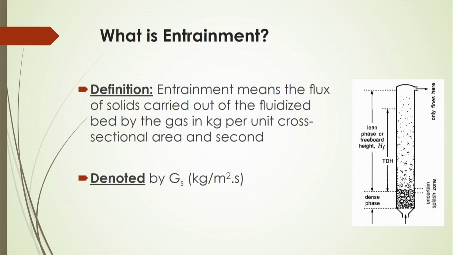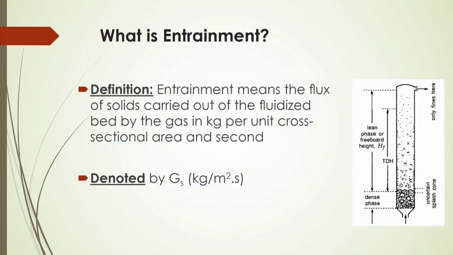As a definition, entrainment means the flux of solids carried out of the fluidized bed by the gas, in kg per unit cross sectional area per second. That means, per unit time how much solids per unit cross sectional area will be carried out by the gas, and that is called entrainment.